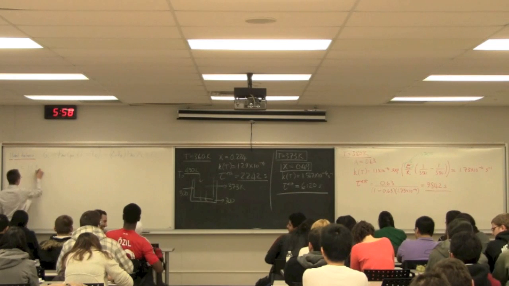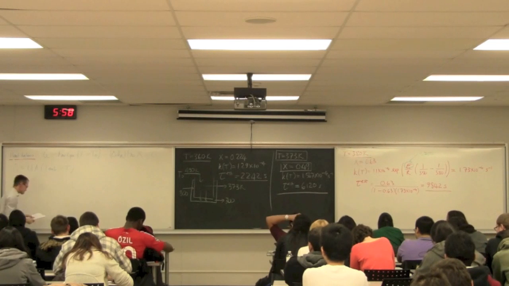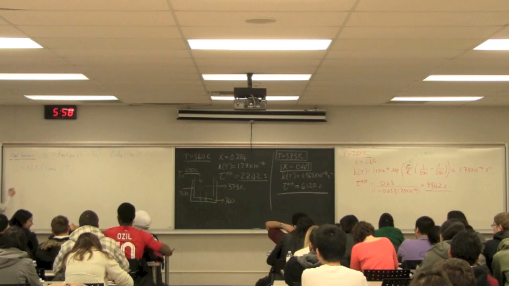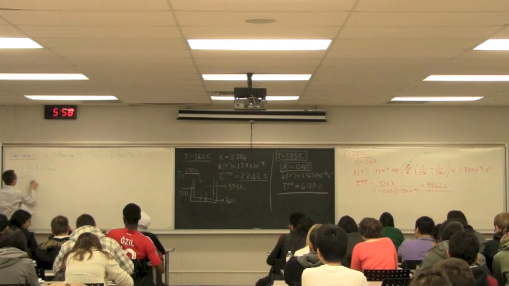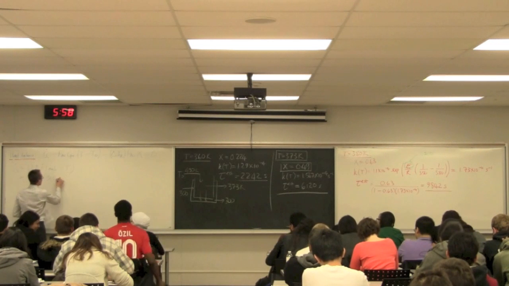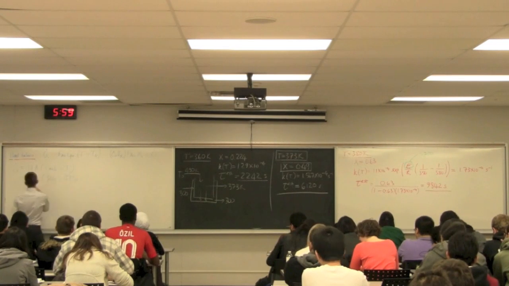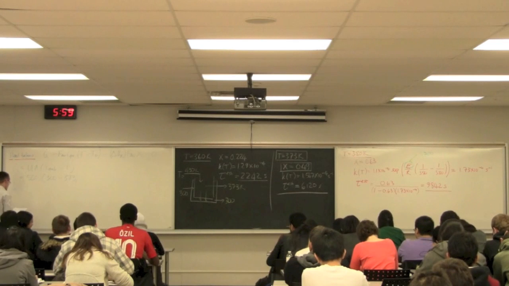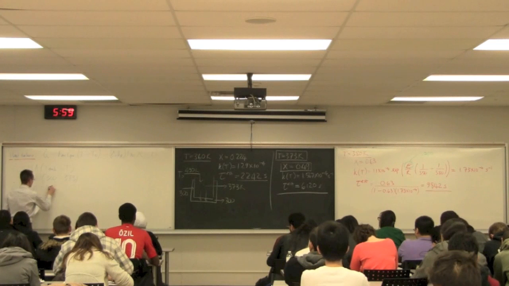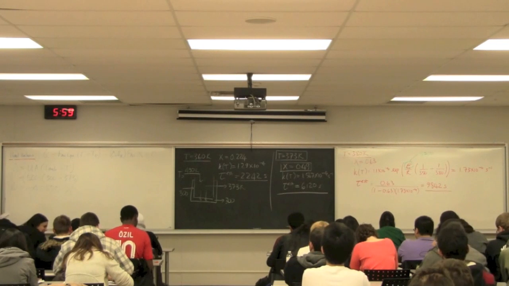Q is equal to U times A, T ambient minus T. 560 multiplied by T ambient minus T, so 300 minus 373. Okay, so Q dot in this situation is minus 40,880 joules per second. That's the rate of heat leaving the system.